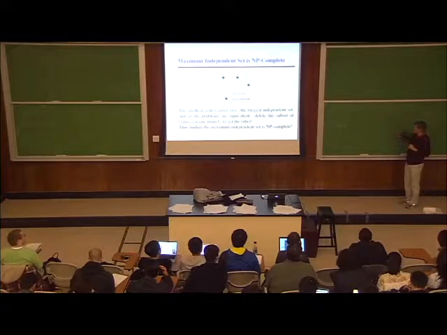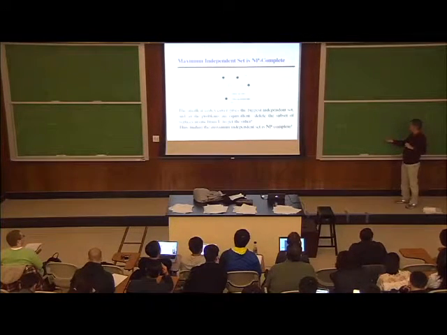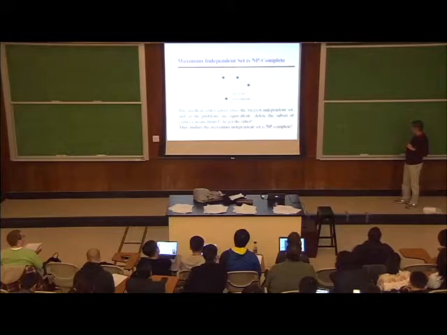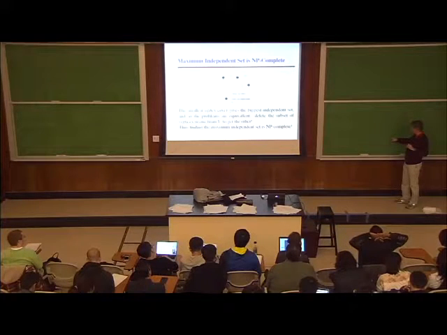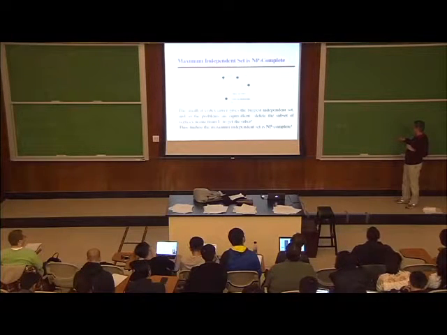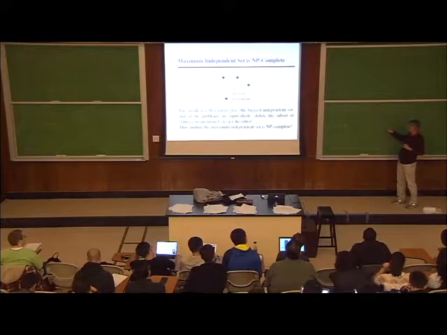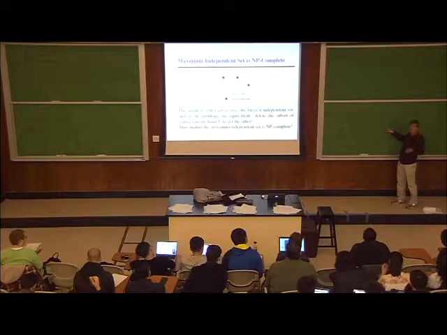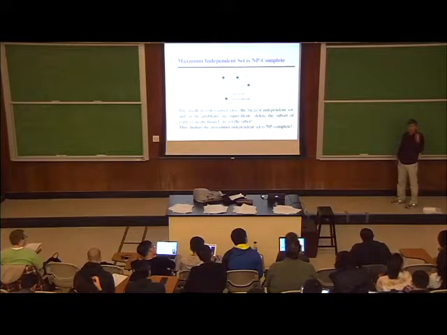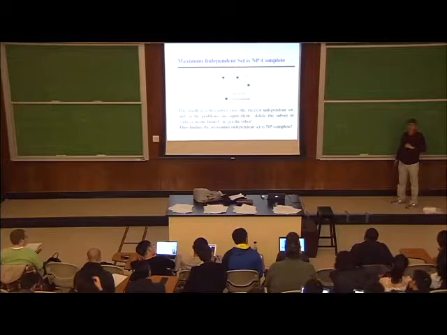How am I going to give you an algorithm to solve vertex cover? If I have a maximum independent set solver, I'm going to take your graph and ask myself, is there an independent set of n minus j vertices? If there is an independent set of size n minus j vertices, what does that mean? The remaining vertices touch all the edges in the graph. Does everybody see it?